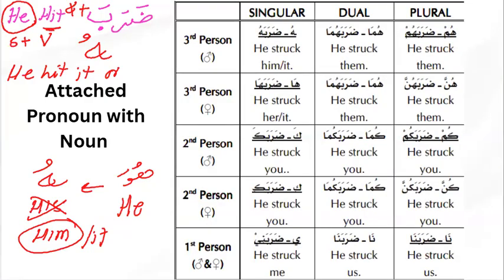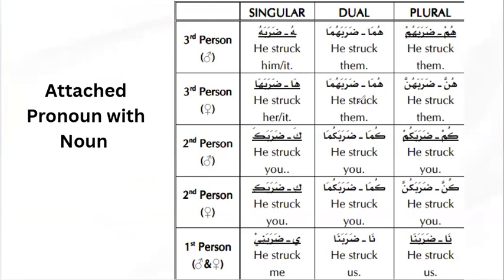Okay. Let's look at some of the examples now. Let's look at the third person singular. We saw that hu is the pronoun. Hu is always going to come at the end. So I see daraba. The first thing I'm going to see whenever I see a composition like this is daraba.